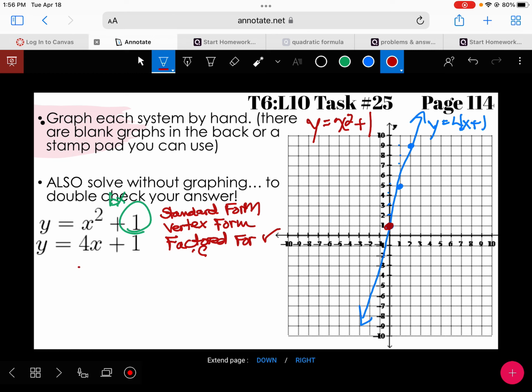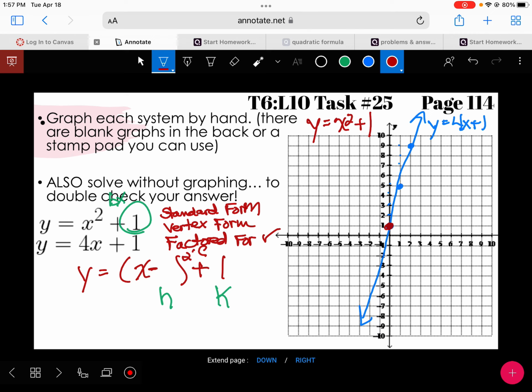Vertex form isn't going to be much better because we know vertex form is like x minus whatever your h value is for your vertex plus k. So this is my k value, and this is squared.